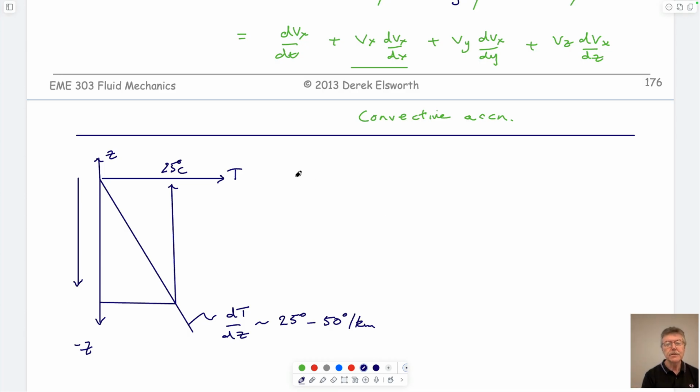And so if you want to write the substantial derivative for the sonde, let's only worry about dT. That is equal to the rate of change of temperature with time plus the rate of change of temperature with depth, dT/dz, multiplied by dz/dt.